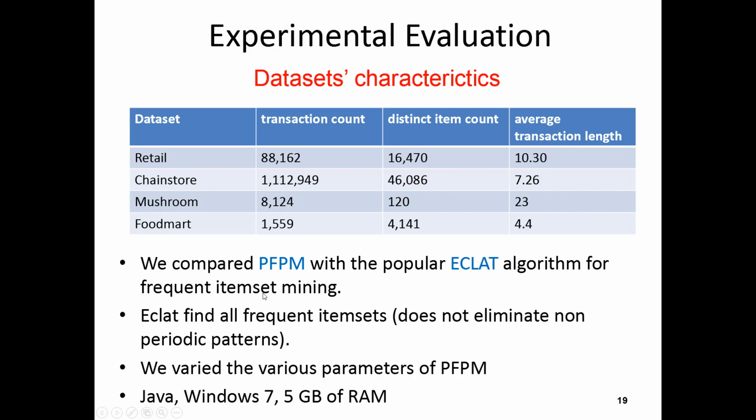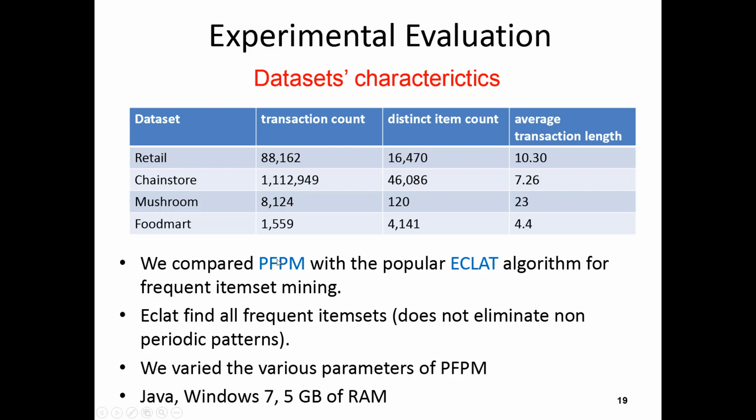So in our experiment, we compare PFPM, our new algorithm to find the periodic patterns, with ECLAT to find the frequent item sets. So why ECLAT? Because our algorithm extends ECLAT, so it's normal to compare with it to see if we find only the periodic patterns, will it be faster? Can we find fewer patterns?